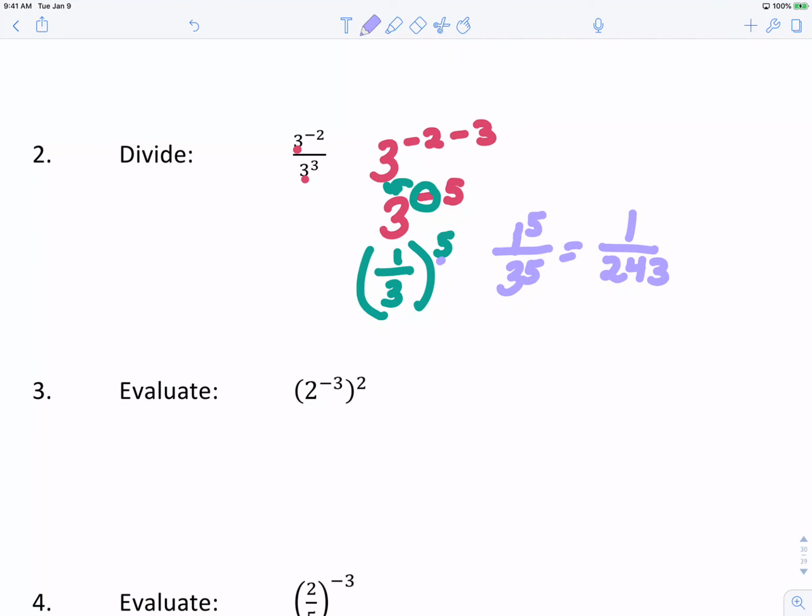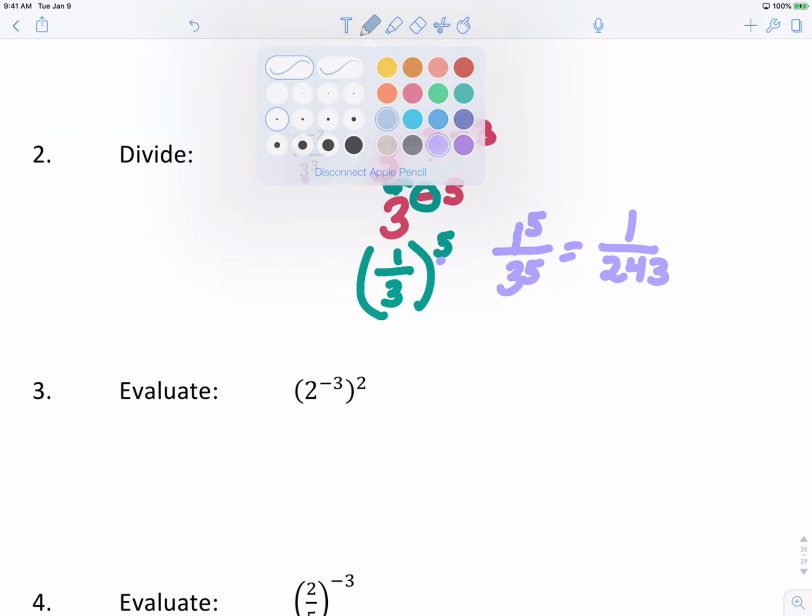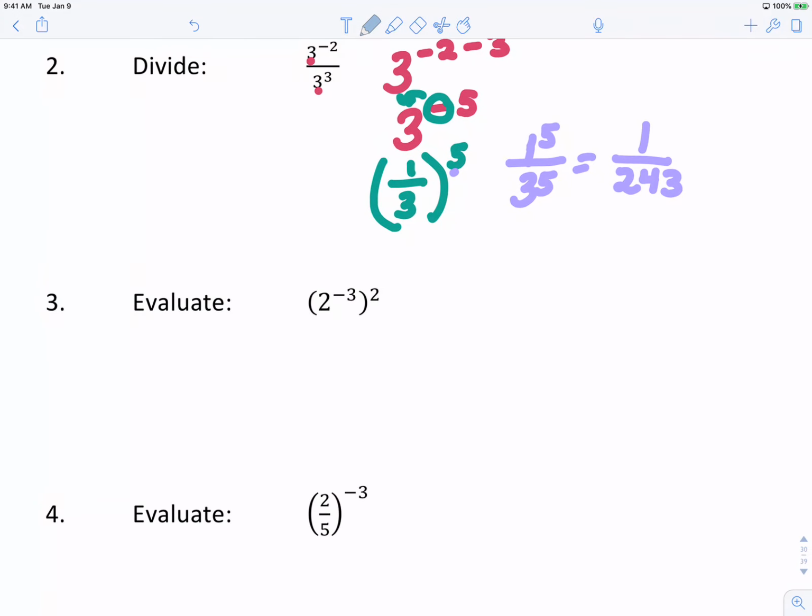In number 3, you needed to multiply these exponents. I have just one base, and that's my 2. It's not written down twice. So I'm going to multiply these exponents. I get 2 to the -6. And again, the meaning of this negative is to take that base and flip it.